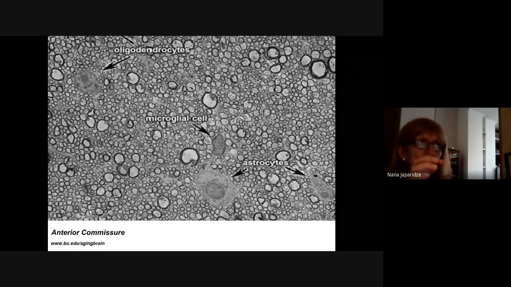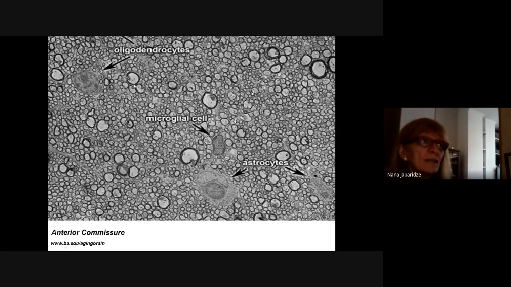Another part. This is a much smaller magnification, again, anterior commissure, and you see here astrocyte. Oh, look, astrocyte is here, and the oligodendrocyte has a more round shaped nucleus. Plus the microglial cells are visible here.